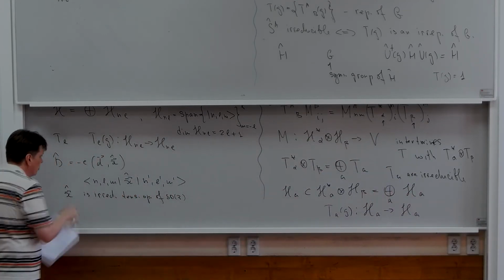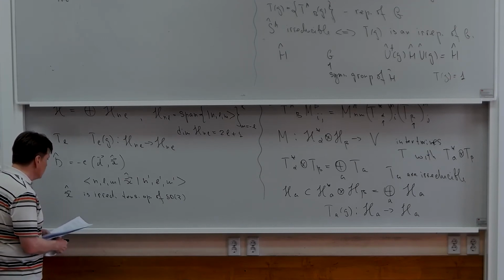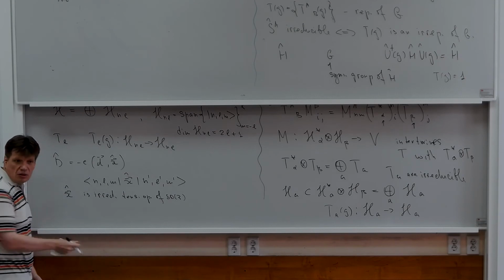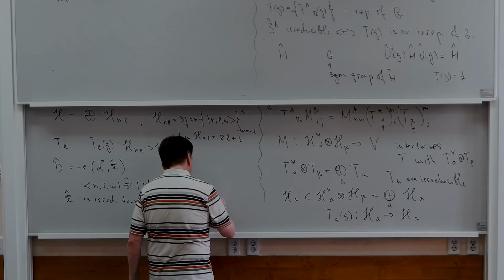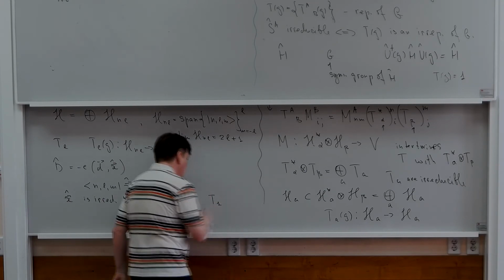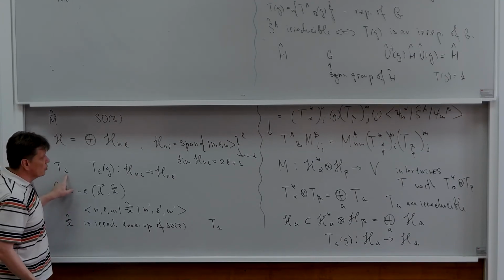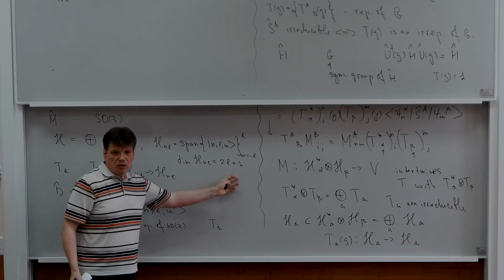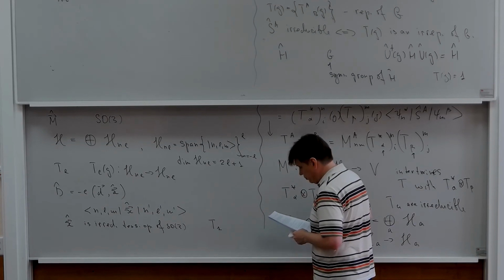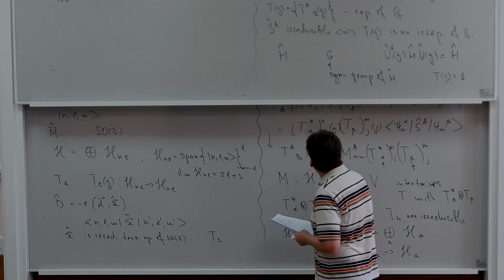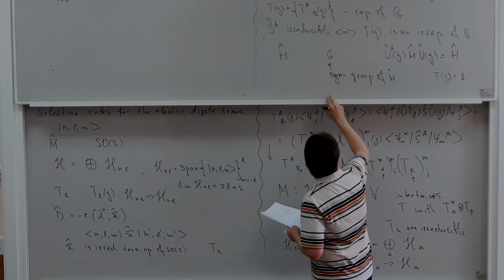This irreducible operator transforms according to the vector representation of the rotation group, right? The vector representation is just T_1, because for L equals 1 we have a three-dimensional representation, three-dimensional space. This is the vector or fundamental representation of the symmetry group.